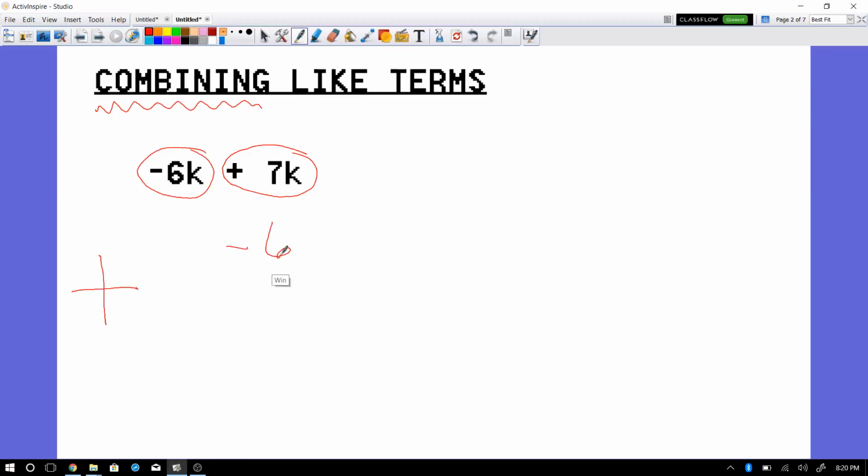So you have a negative 6 plus 7, and you can put the k's there. We know that we're putting those together because it's both a number followed by the letter k. Any variation of that, like negative 6k squared plus 7k, those are not like terms because of the 6k squared.